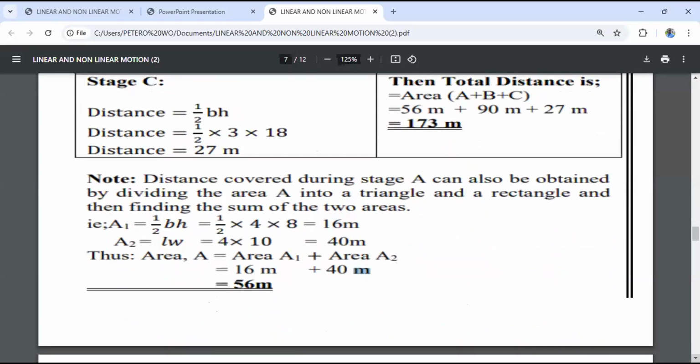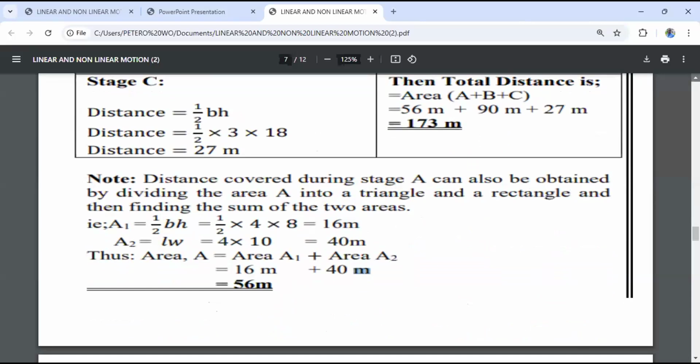But before that, there is a note which is here that the distance covered during stage A can also be obtained by dividing A into a triangle and a rectangle, and then finding the sum of those two.